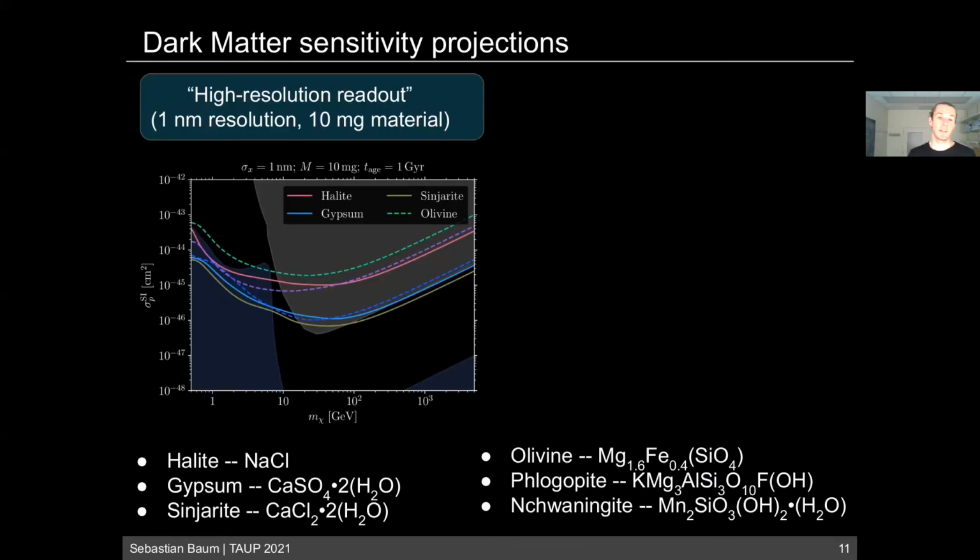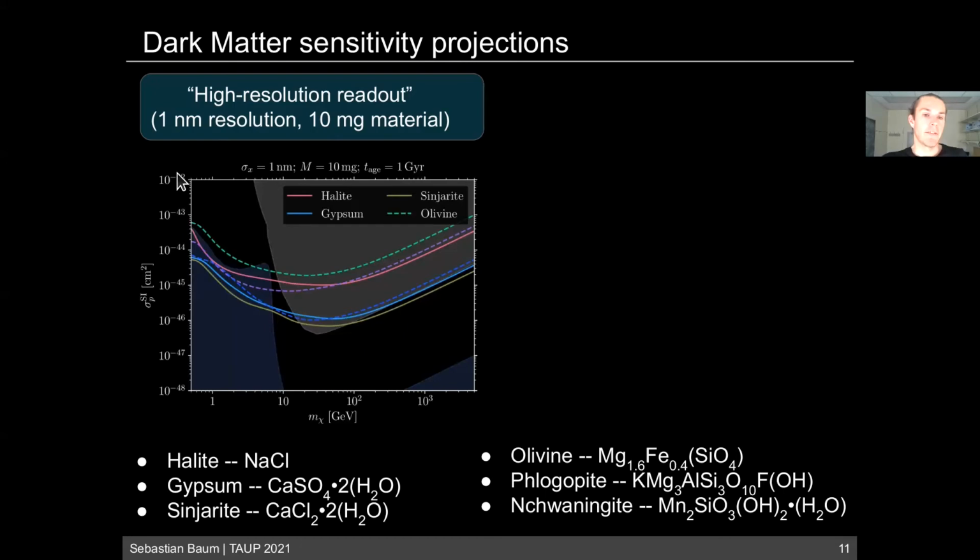Once you've computed the background and the signal spectra, you can then crank the statistical machine and ask, what kind of sensitivity could I reach with an experiment like this? What I'm showing you here is first an example of what we call the high resolution readout scenario. This is something that could be achievable with, for example, helium ion beam microscopy readout, or maybe some version of transmission electron microscopy readout of small target samples, where we imagine you could achieve something like 1 nanometer track length resolution for a bulk sample of something like 10 milligrams.